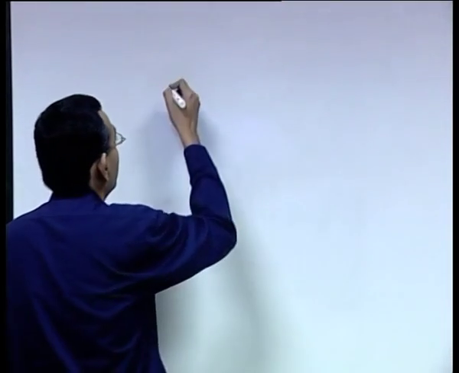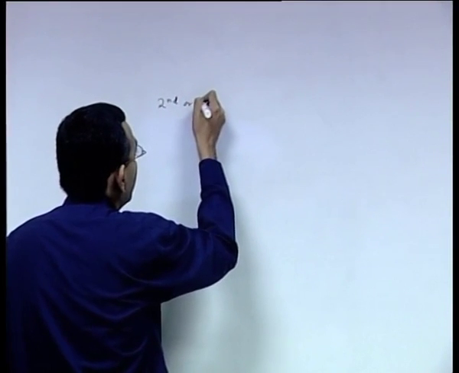So, to consider the first part, we have till now considered a first order hyperbolic equation. Now let us consider a second order hyperbolic equation.